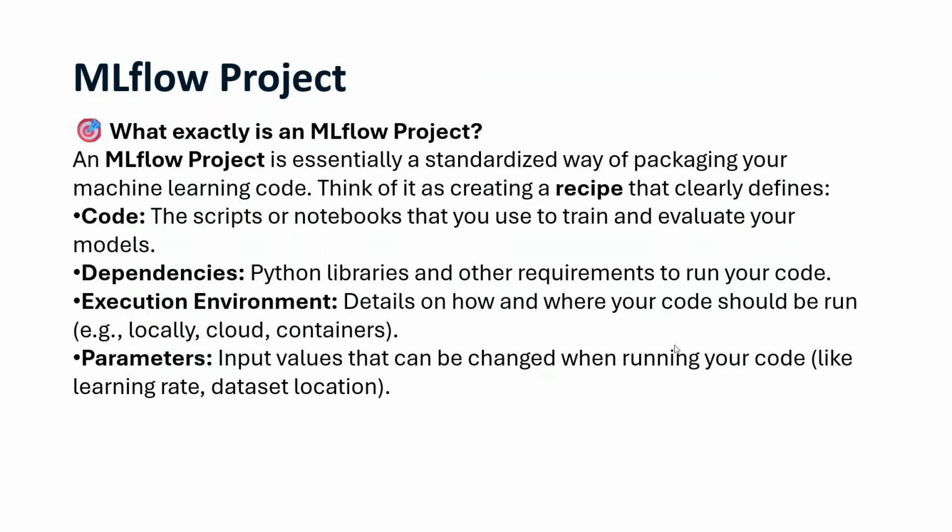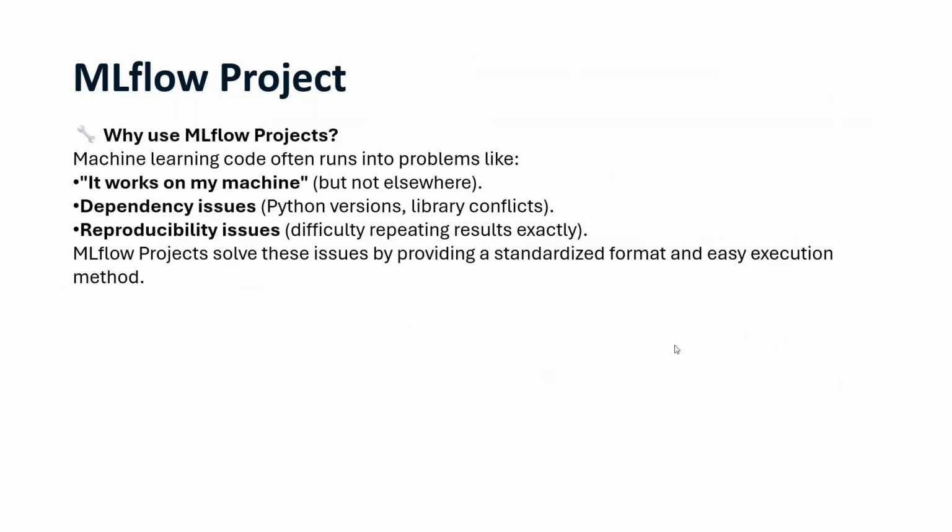Dependencies are the Python libraries and other requirements to run your code. Execution environments detail how and where your code should be run, for example locally, cloud, or containers. And parameters are input values that can be changed when running your code, like learning rate or dataset locations.